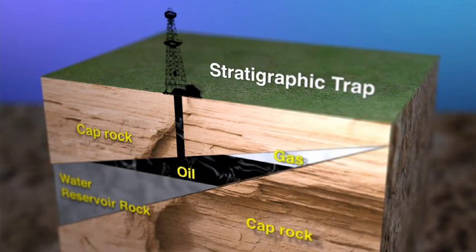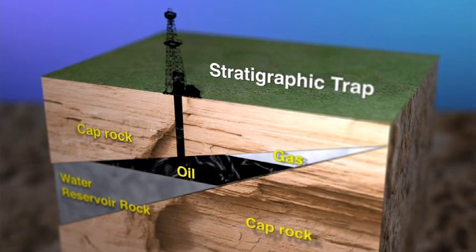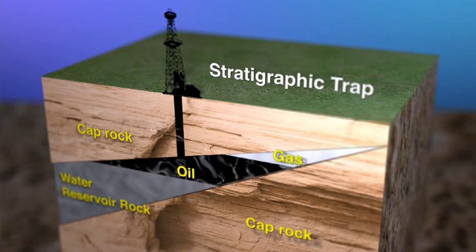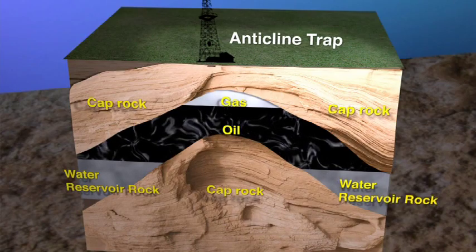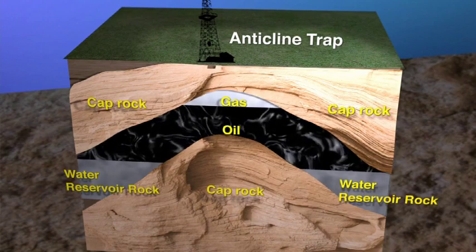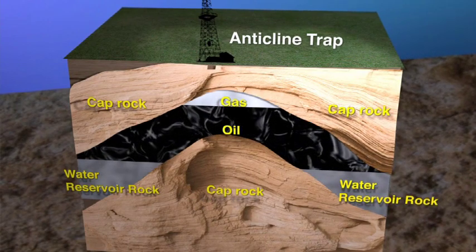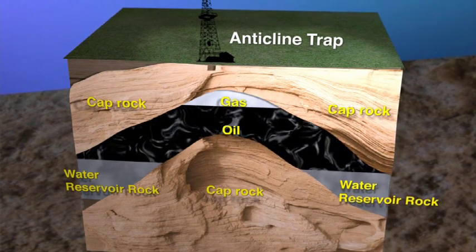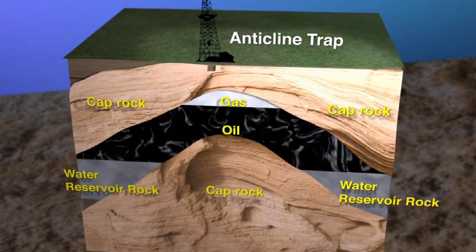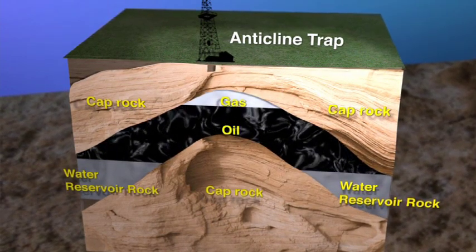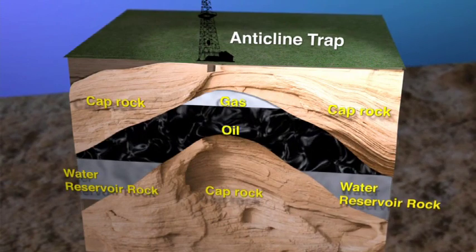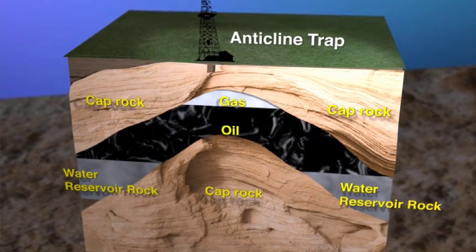For the second one, we can look over at what is called an anticline trap. Now, when 2 continents smash into each other, or in a lot of other ways too, rocks can actually be folded. They can fold down into a U shape, or they can fold up into an arch shape. An arch-shaped fold is what is called an anticline trap. This is a picture of an anticline trap.